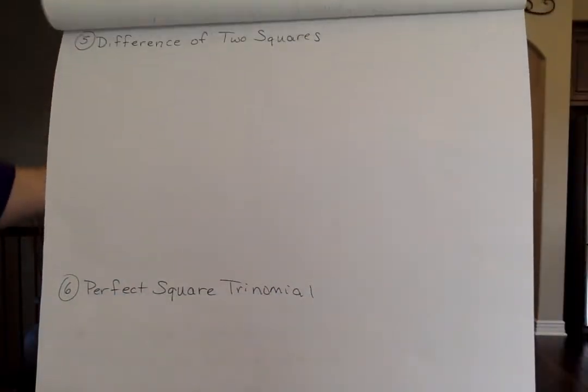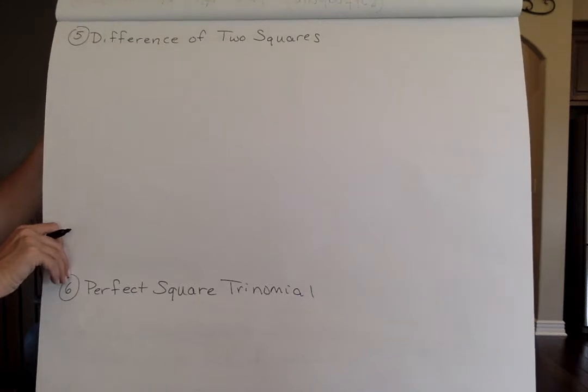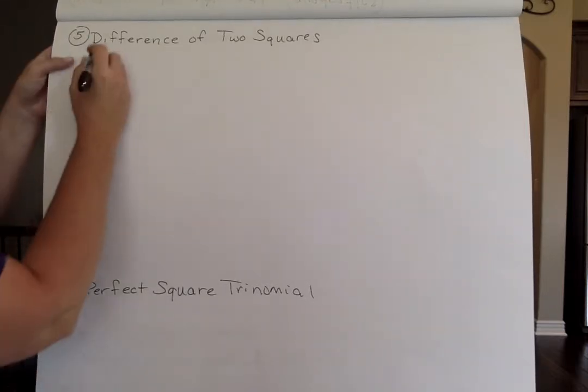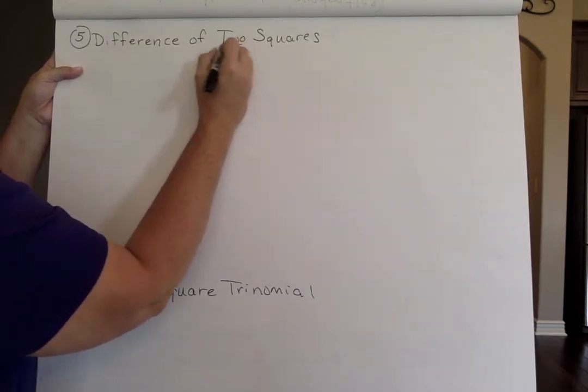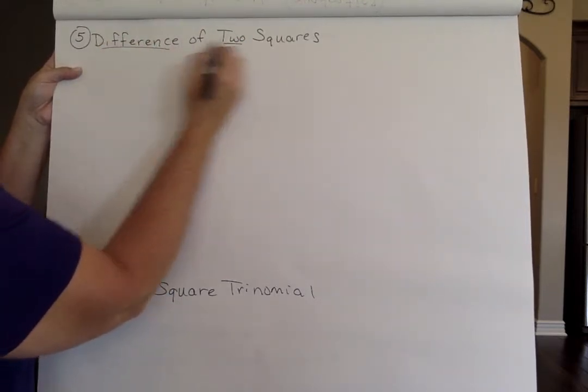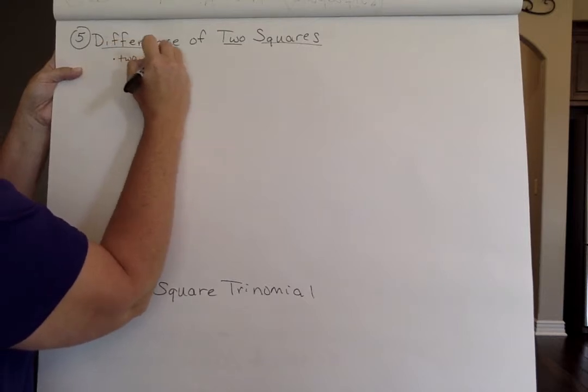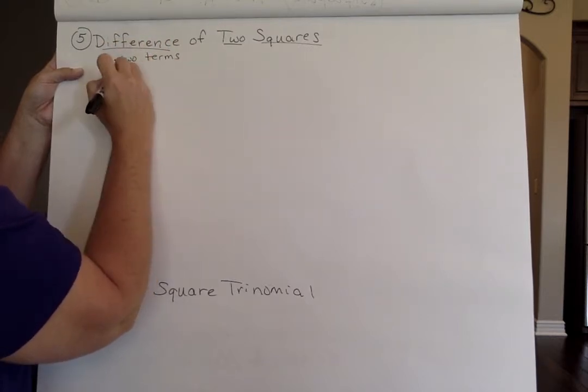All right, next. Number 5, difference of two squares. We talked about this a little when we were talking about multiplying conjugates the other day. The difference of two squares. You will know that you're dealing with the difference of two squares. In fact, all of these words help us out. We'll have two terms, right?